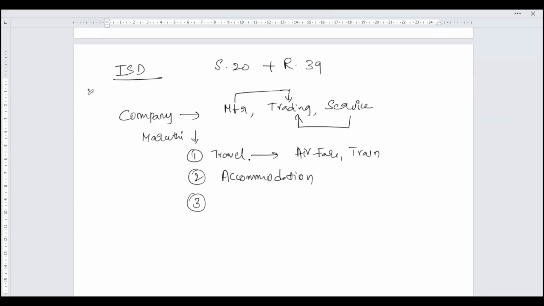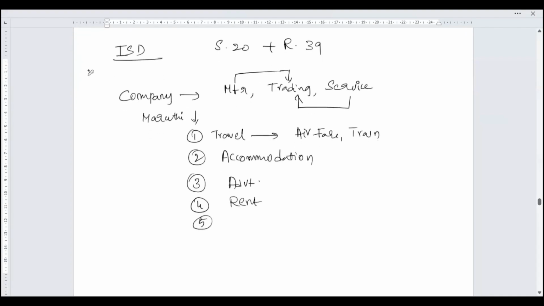I have, say, advertisement. I have rent. I have information technology, that is your software license, your hardware, anything of that sort. Then I have audit consultation.